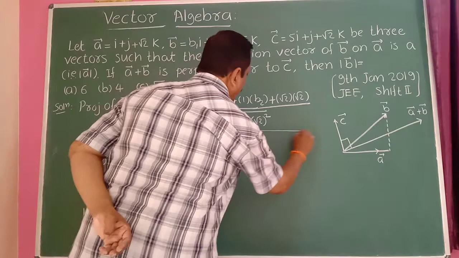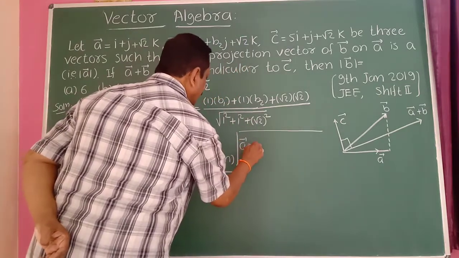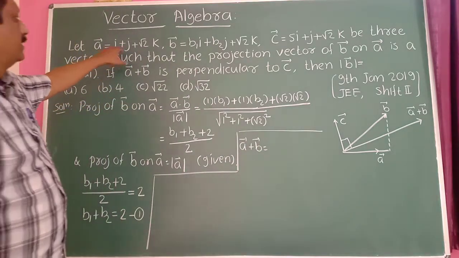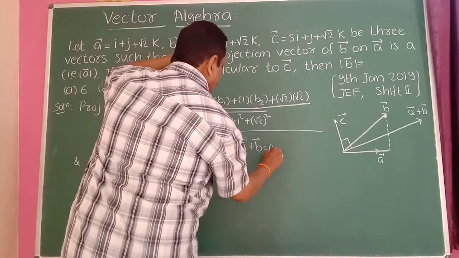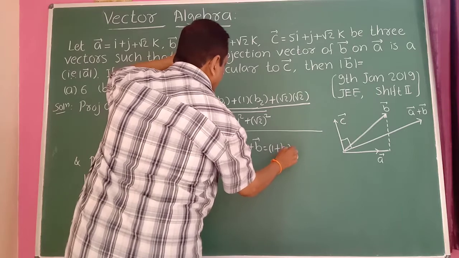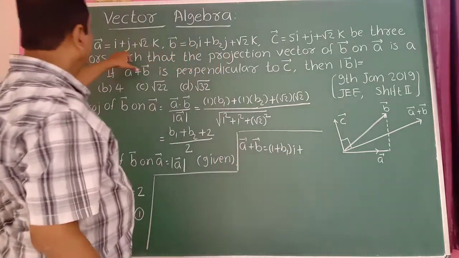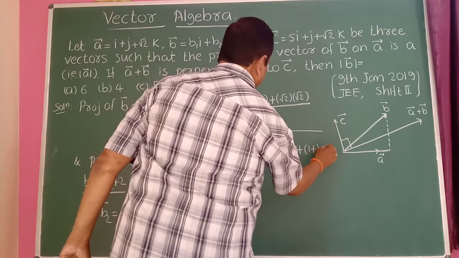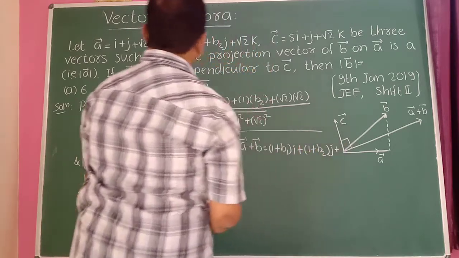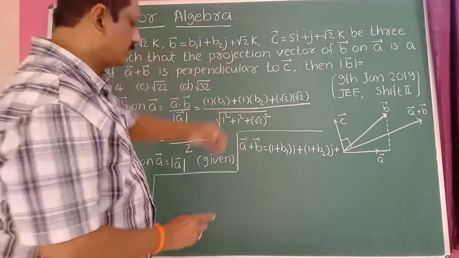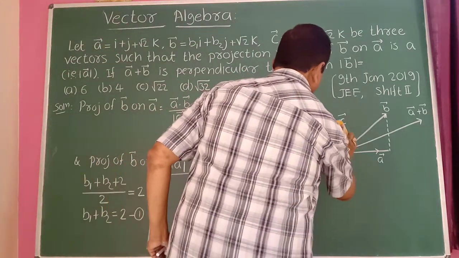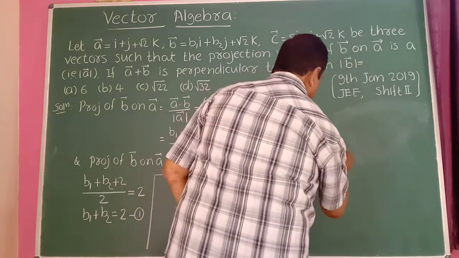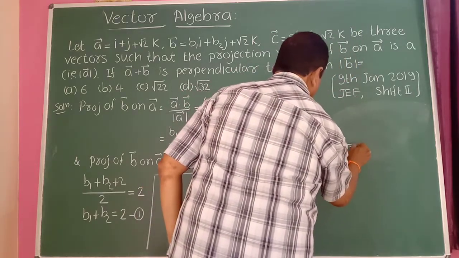A bar plus b bar is equal to the sum of these vectors: 1 plus b1 i plus 1 plus b2 j plus root 2 k plus root 2 k gives 2 root 2 k.